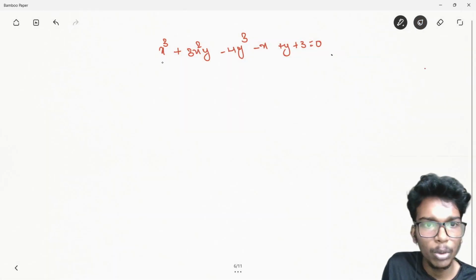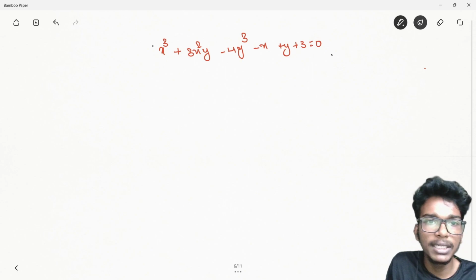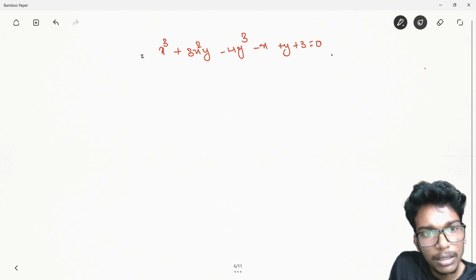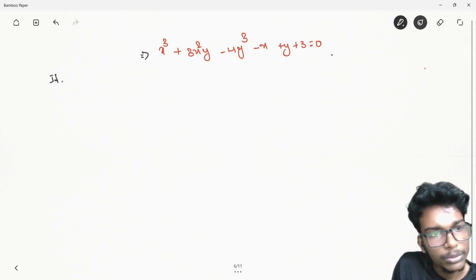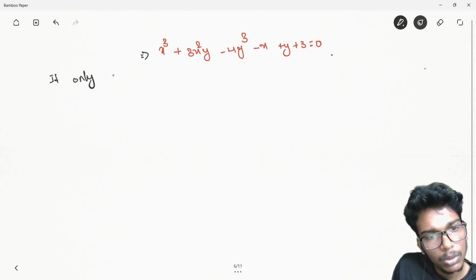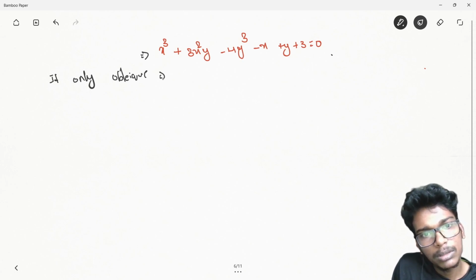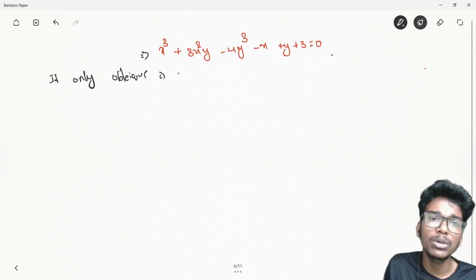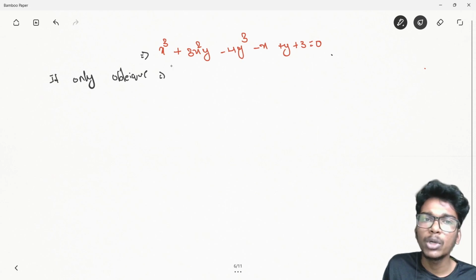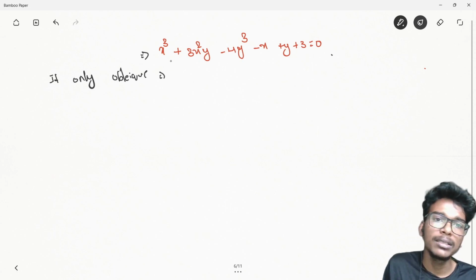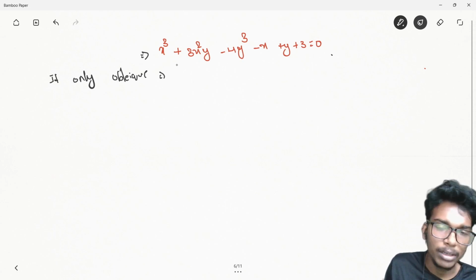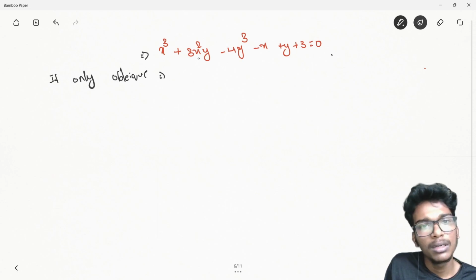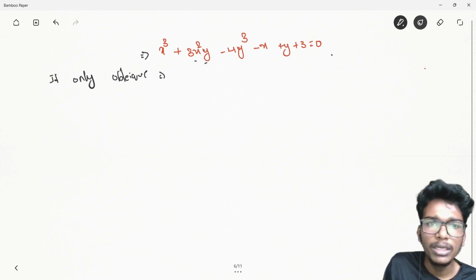Now look at this example. By seeing this example itself, we can say that it's going to have only oblique asymptotes, because for a function to have asymptotes parallel to the x and y axes, it must have x square into a y coefficient and y square into some x coefficient.